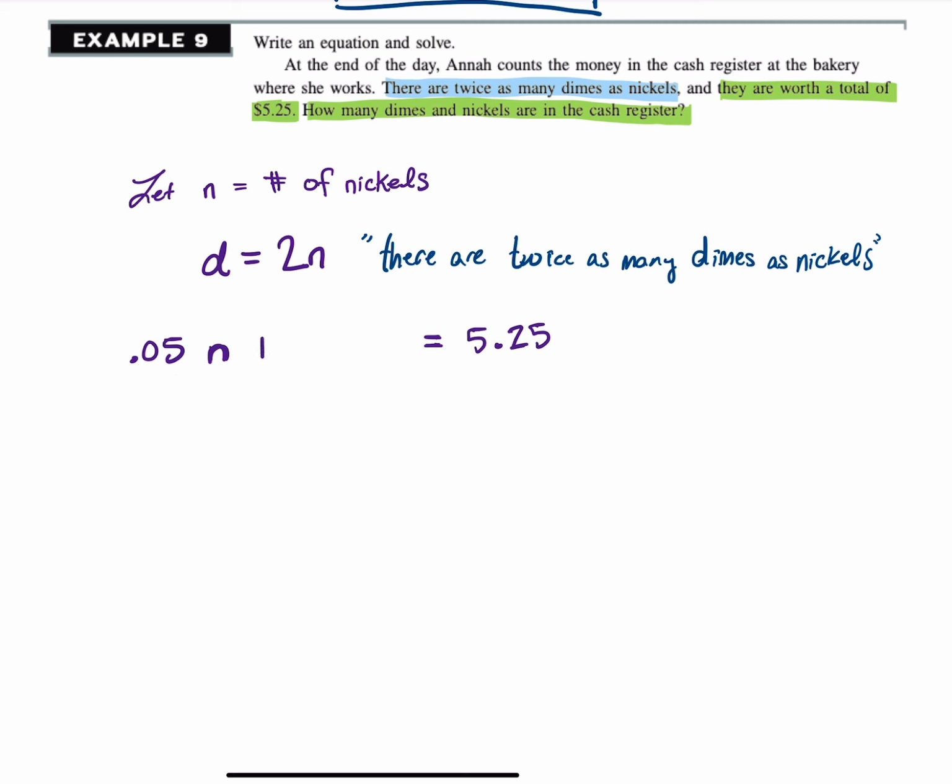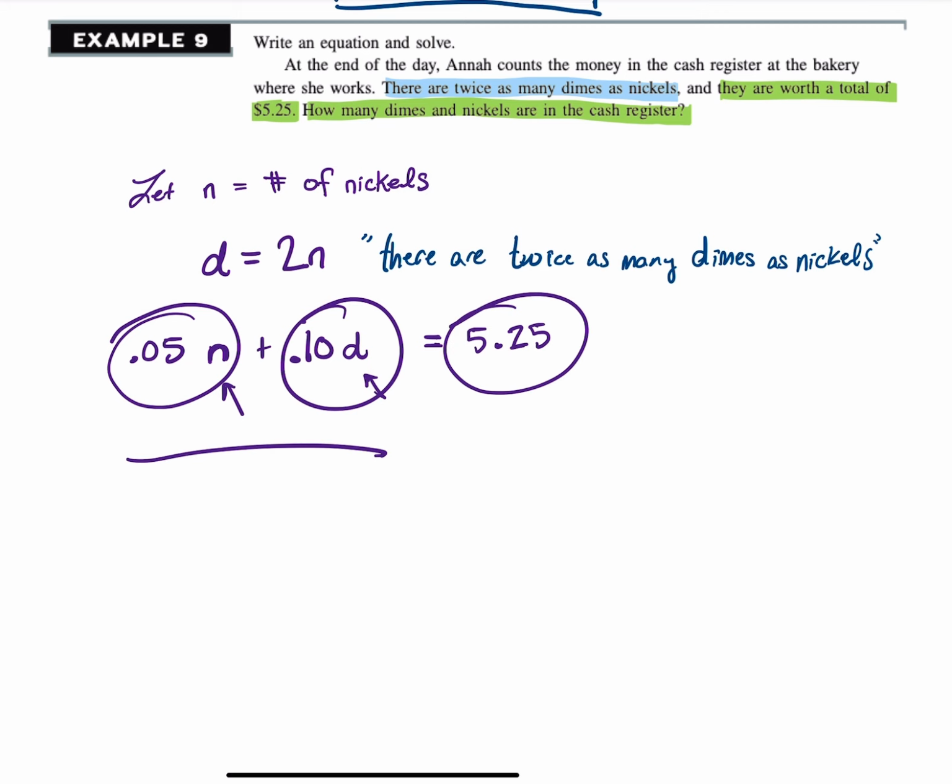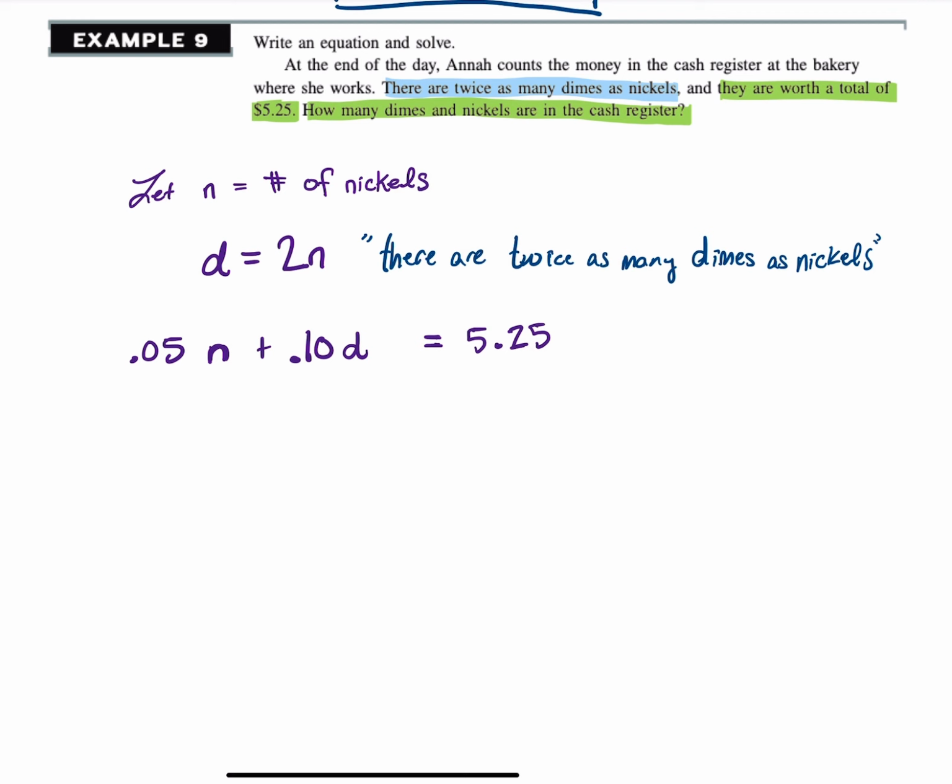And then we have some number of dimes, and a dime is worth 10 cents, or we could say 0.10. So if I know how many nickels, this will give us the value, and how many dimes, this will give us the value. The combined value should be $5.25. But notice this is in two variables. We've only been solving equations in one variable.